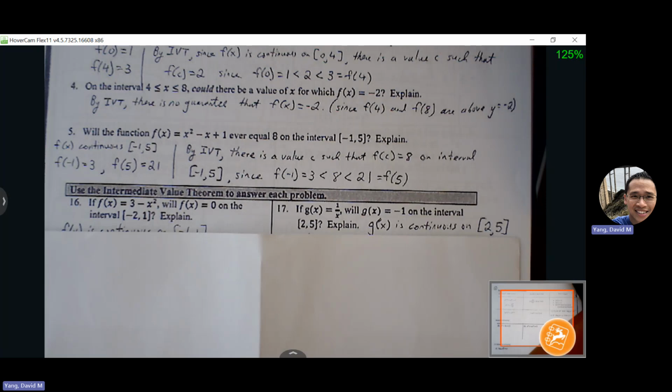One endpoint has a y value of 3, the other endpoint has a y value of 21. And we know that 8 is safely between 3 and 21. So we say by IVT, there's a value c such that f of c is equal to 8. We can guarantee a y value of 8 somewhere on the interval from -1 to 5, since one endpoint, f of -1, has a y value lower than 8, and the other endpoint, f of 5, has a y value greater.